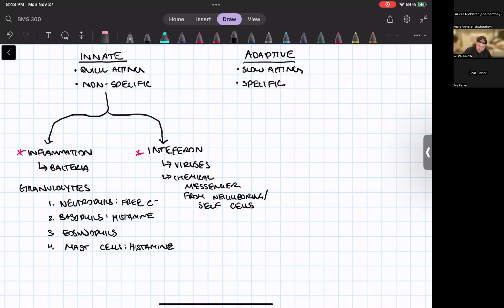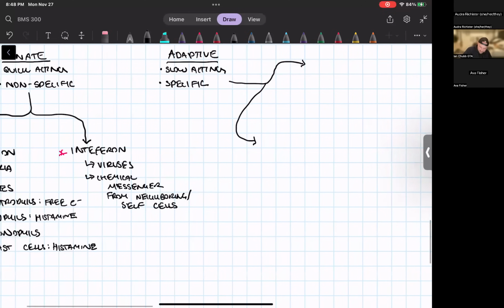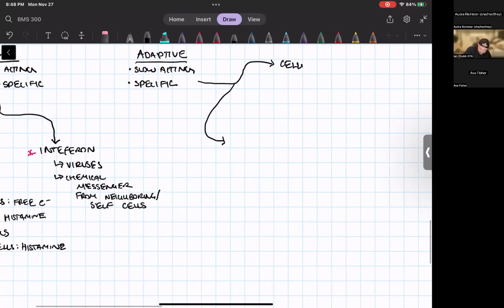And then adaptive is going to be all about our two branches as well. Sorry, my flow chart's getting wonky. So we'll have cellular and humoral. Humoral is back to that idea of when we talked about hormones and things like that.